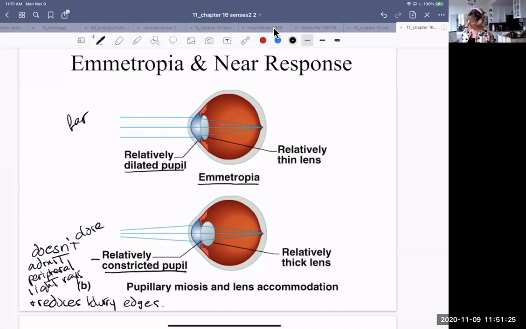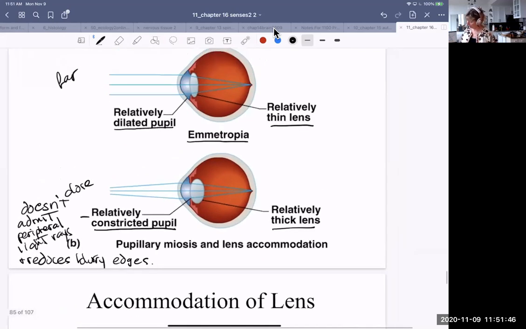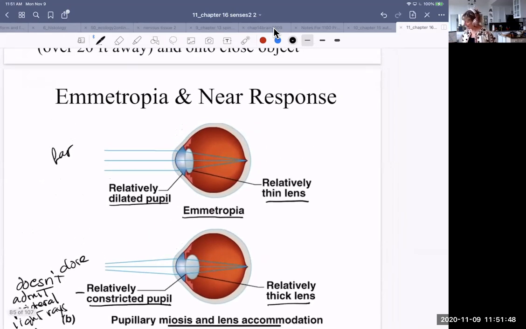And what about the lens? If something's far away, the lens is relatively thin. If something's close up, the lens is relatively thick. So why should that be? Well, a thick lens bends light more to focus on the retina.